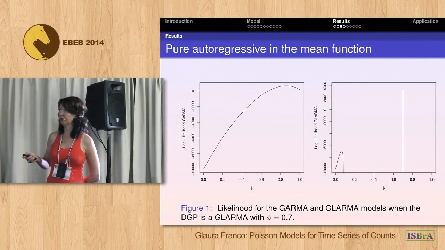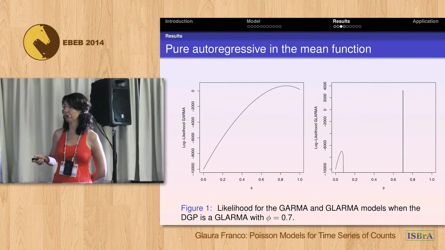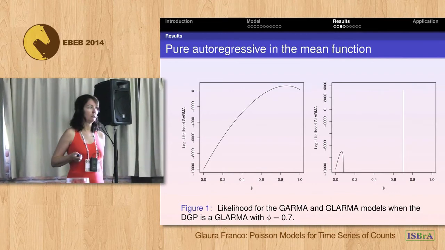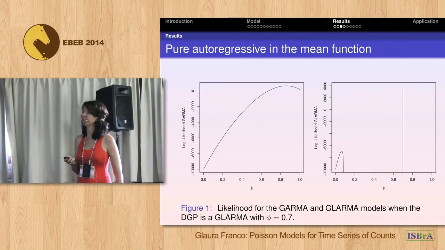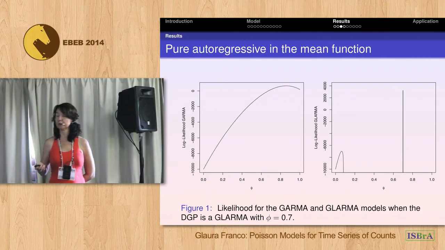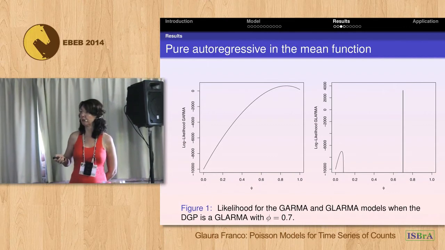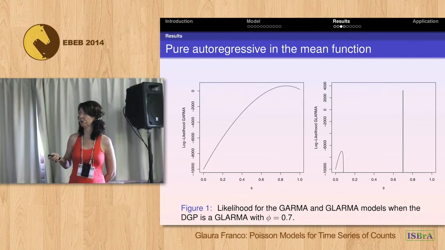It has this maximum here in the real value of the parameter, but we have this here. So we have to take care when we estimate the parameters, because depending on the values we choose, we can just stay around here and we cannot find the maximum.